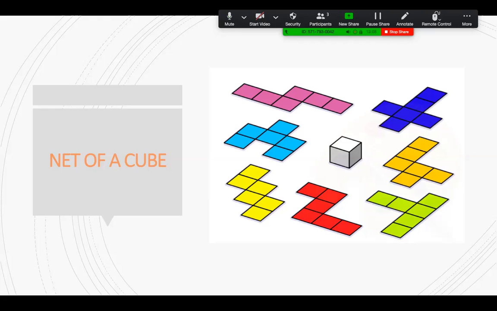What's common for them all? They're having kind of different shapes, but what's common? What do they all have in common?